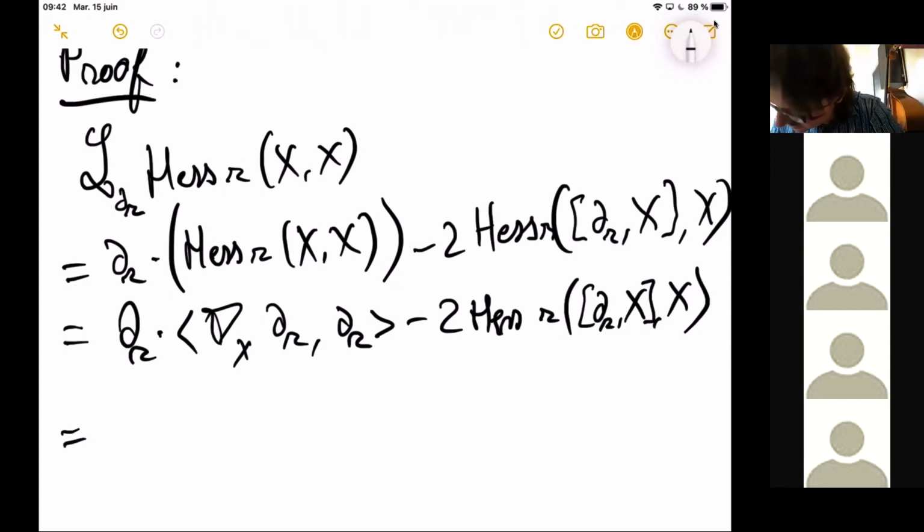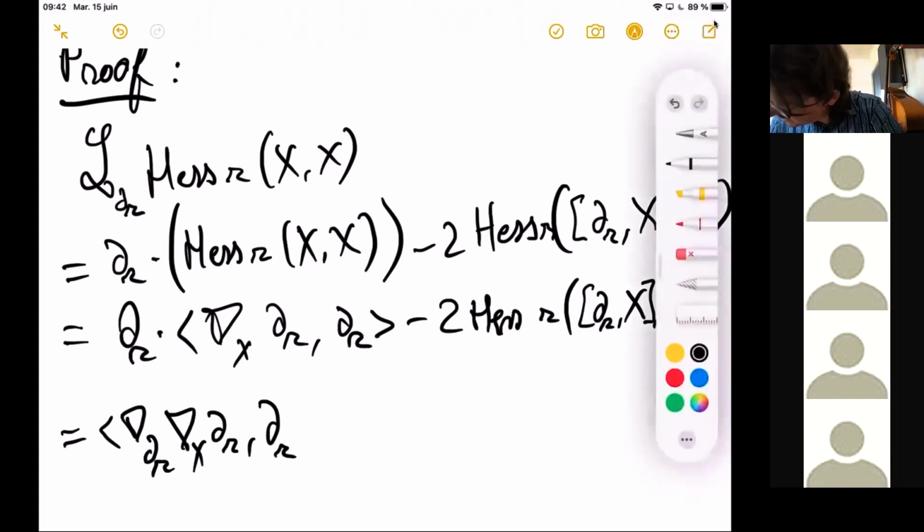And so you use once again the Leibniz rule. Oh, sorry. The Hessian of R in XX is nabla R, nabla X dr, comma X.